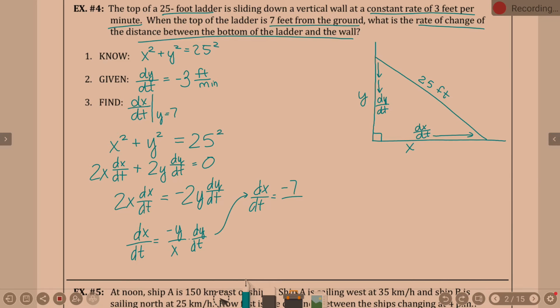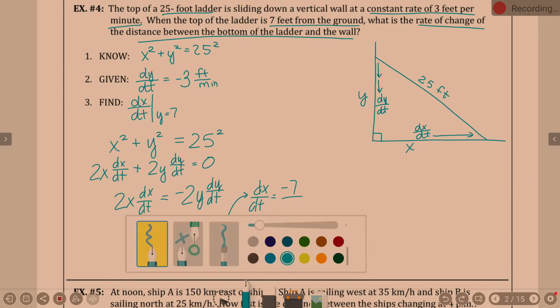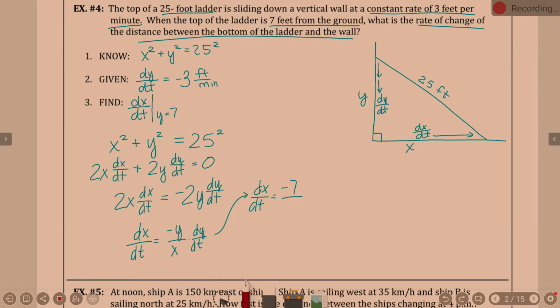We need numbers. Oh, 24? No, that's not 25. Y is 7, right? At this point, it's not 7 the whole time, but at this point, y is 7.